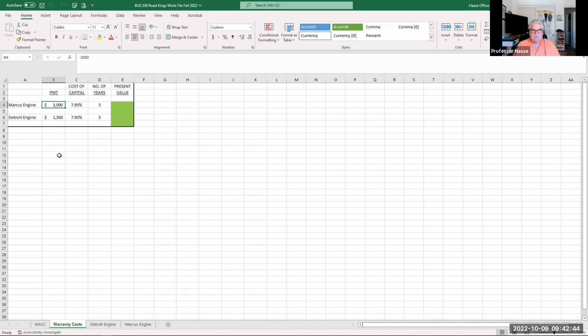So your job now is to take those 5 years of costs, $1,500 and $3,000, and determine the present value of that over the 5 years to today's value. And that's the value that you're going to use as a variable cost per unit for your analysis.